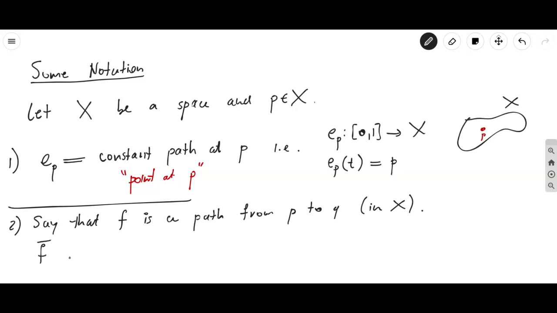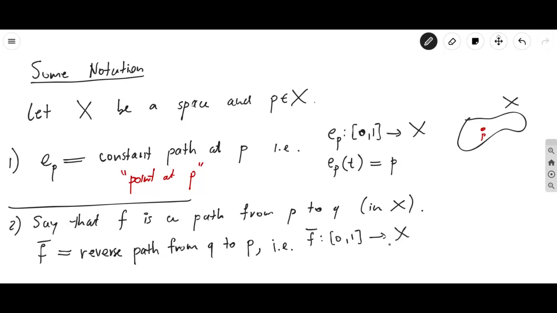F with an overbar is the reverse path, the one that goes backwards from Q to P. Explicitly, F reverse is a function from 0, 1 into X, defined by replacing t with 1 minus t.